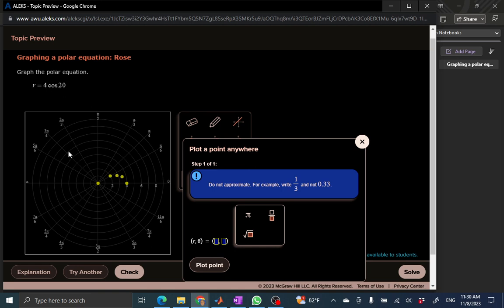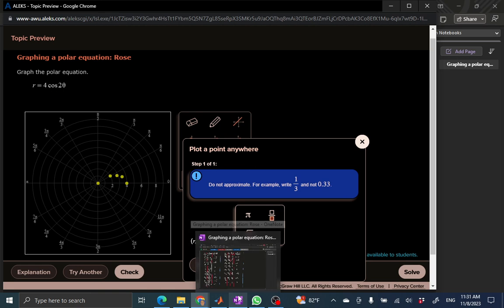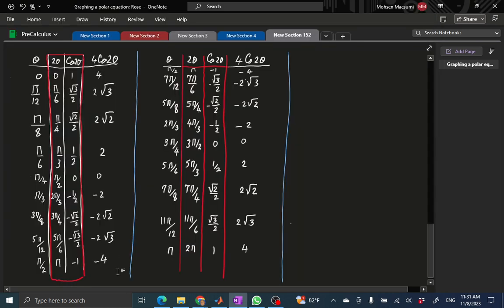So I erased whatever points we had here after this half petal was finished. To continue, what I recommend doing if you want to see the progress and you want to do the tracking of the curve by hand, here's how to do it. First, we go ahead, make a table. What is this table?